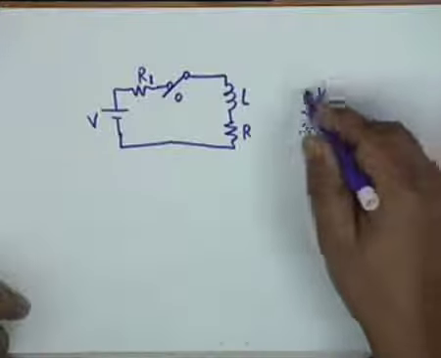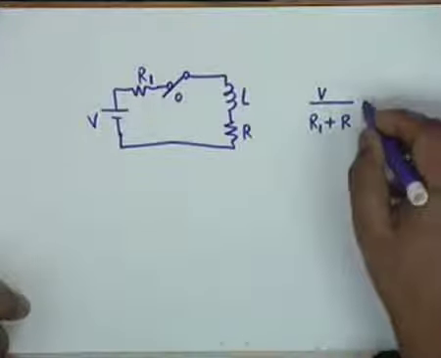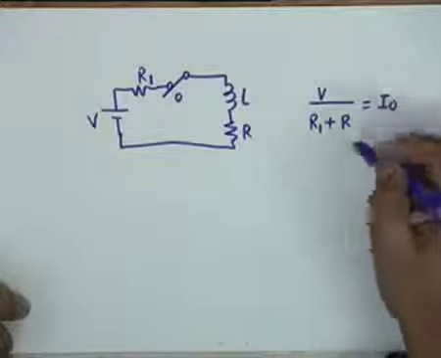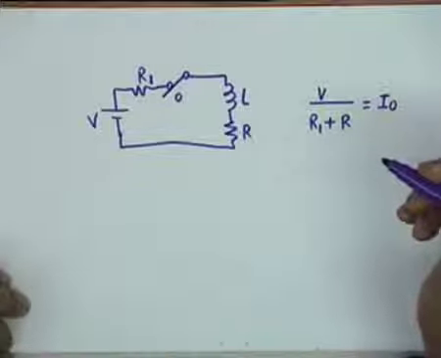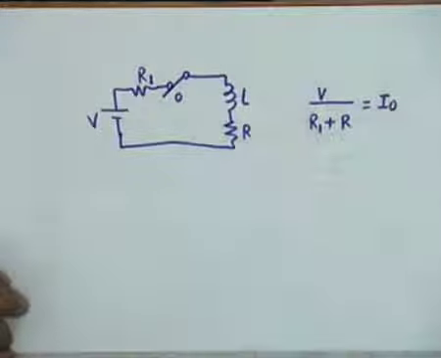So in the steady state, the current in the circuit shall be given by V by R1 plus R, and let's call this as I0.